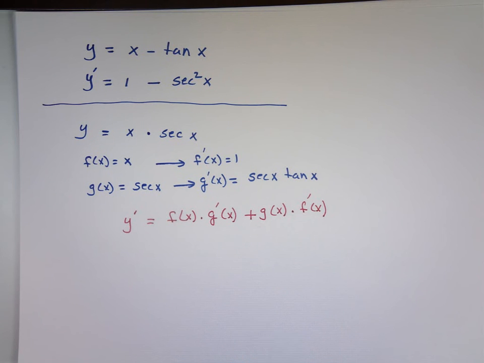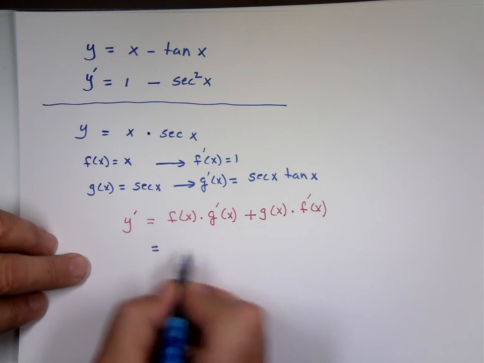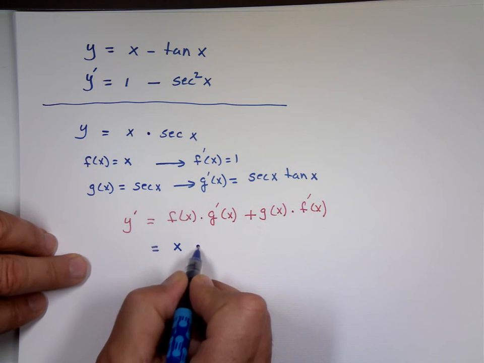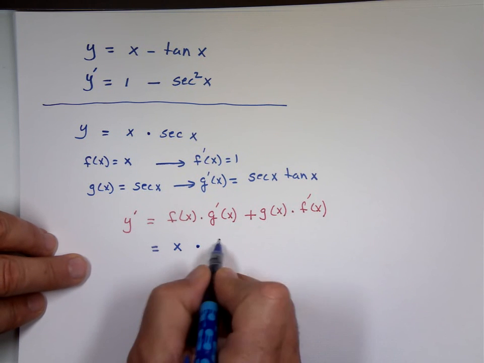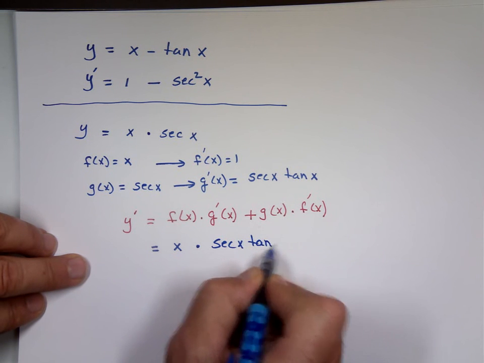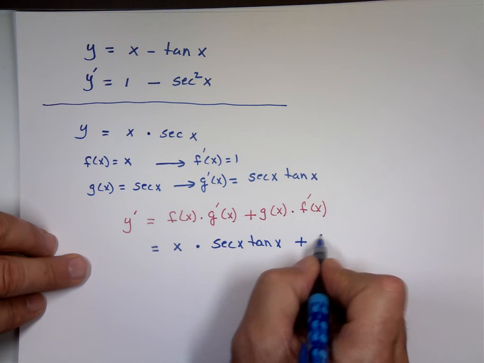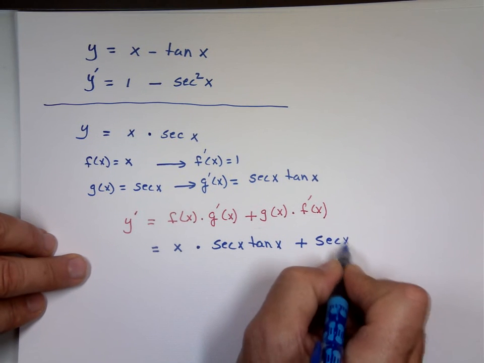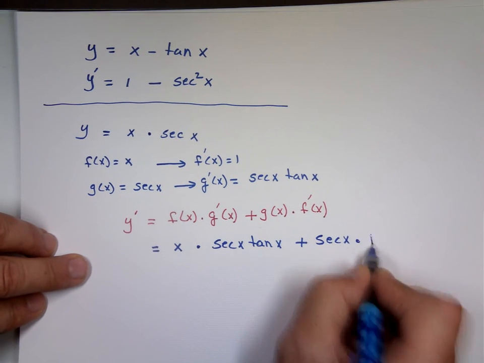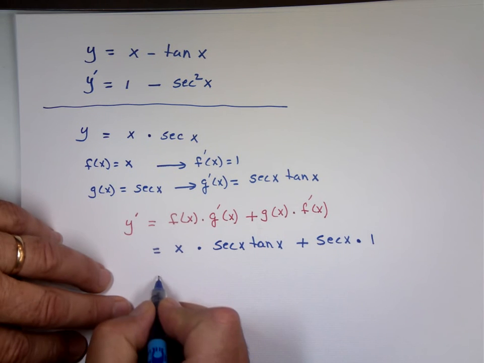What's the first? x. What's the derivative of g? Secant x tangent x. Plus the second, which is what? Secant x times the derivative of the first, which is 1. Again, you can just drop the 1 there.